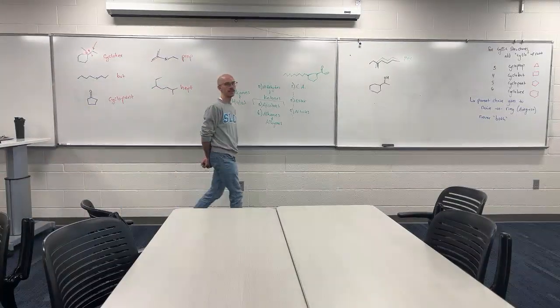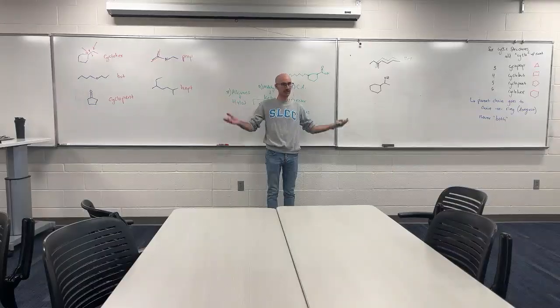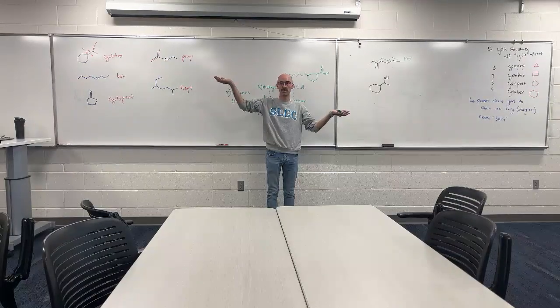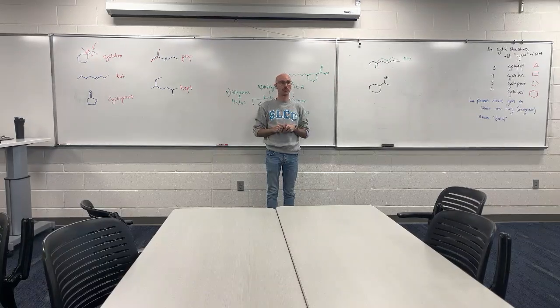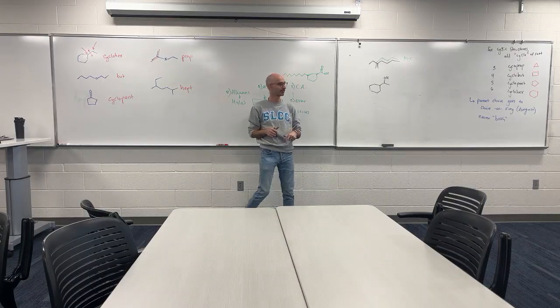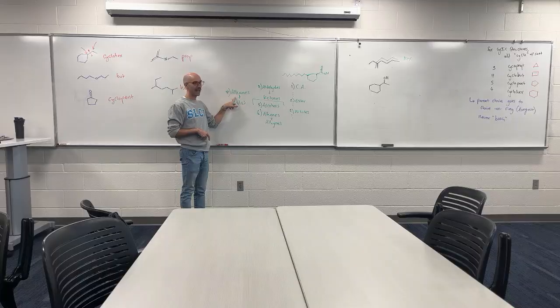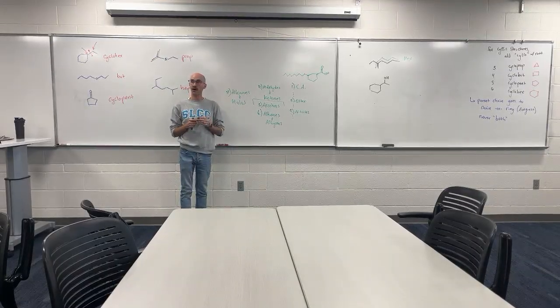What are your options for the root? There's only 2 options. Cyclohex or F. Correct? What functional group is in this molecule? Alcohol, which has higher priority than alkane. How long is the carbon chain that the alcohol is on?